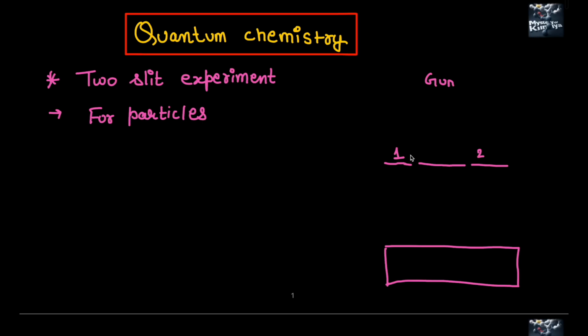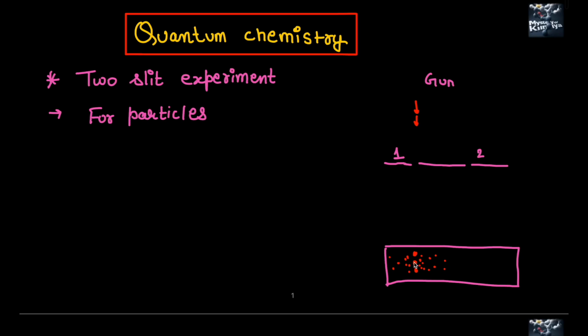When slit 1 is open, most of the bullets will hit the screen right in the middle. Most of the bullets can be deflected by the edges, and we can see some bullets here and there also. But most of the bullets you will see here.